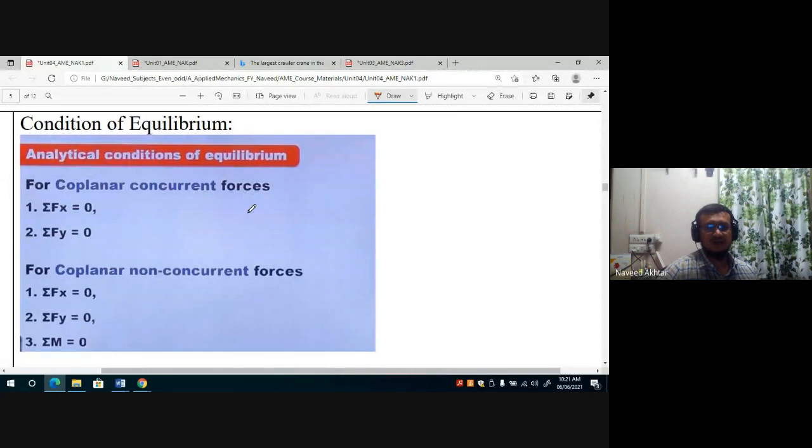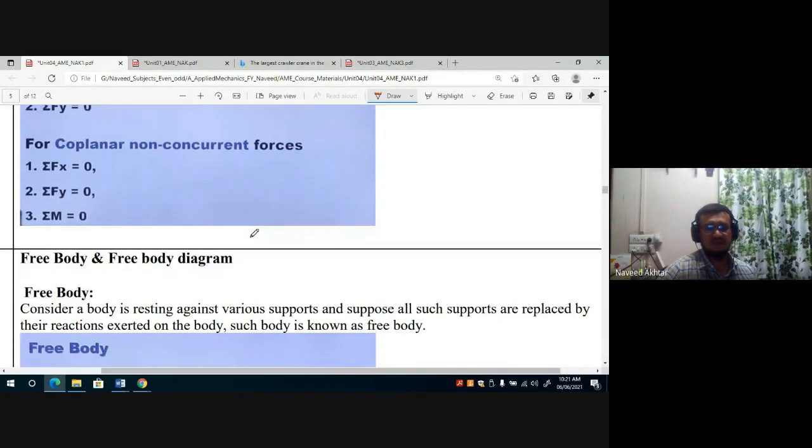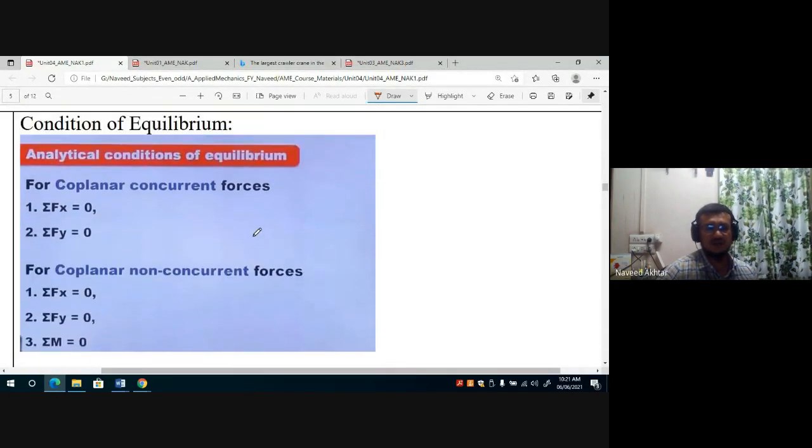Now, what are the conditions of equilibrium, or the analytical conditions of equilibrium?